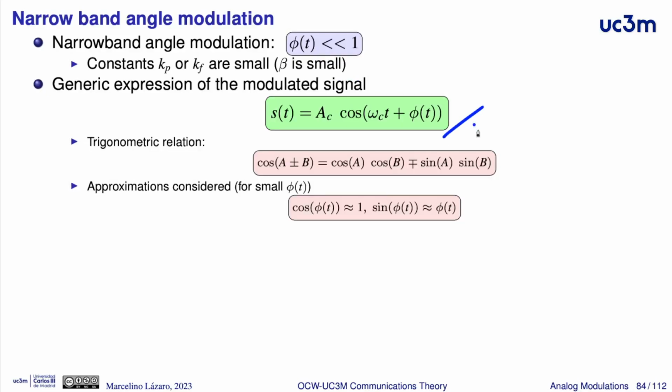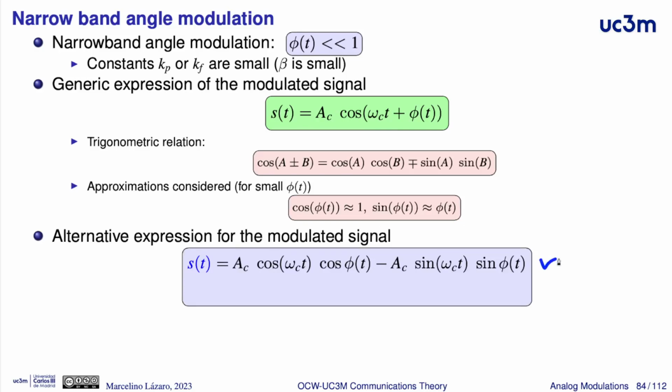This is the expression of the modulated signal in an angle modulation, and if we use just a single trigonometric relationship for the cosine of the addition of two terms, and then we approximate the cosine of a small number as 1 and the sine of a small number as the number itself, it's straightforward to obtain first this expression using the cosine of the addition of two terms, and then this is approximated to 1 and this is approximated by phi(t).